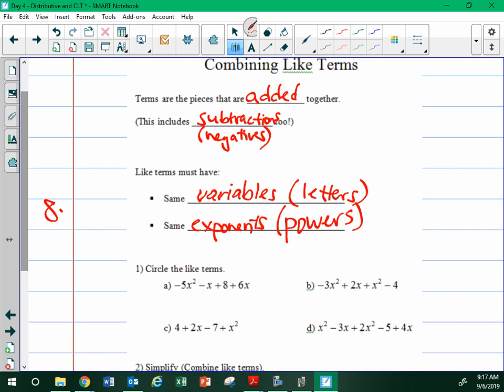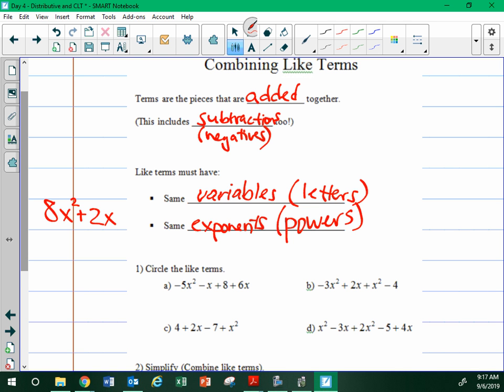If I have 8x plus 2, I can't put these together because 8 has an x with it and 2 does not. But if I have 8x plus 2x, they both have the same variable, and x has the same power of 1, I can combine those together. Now, if I had 8x squared plus 2x, different powers, we can't combine those together.